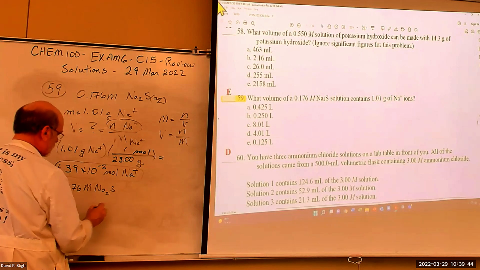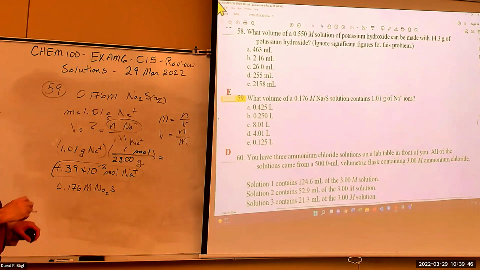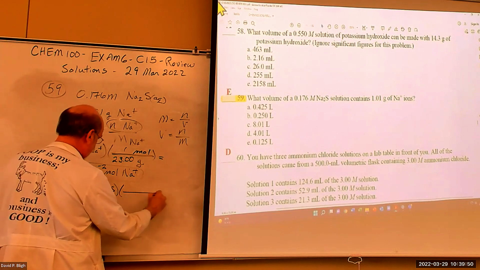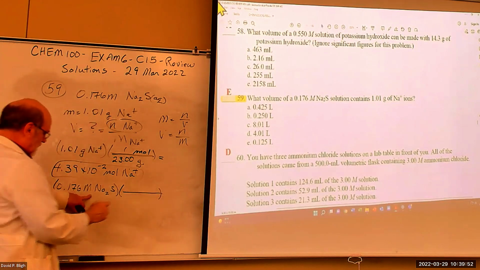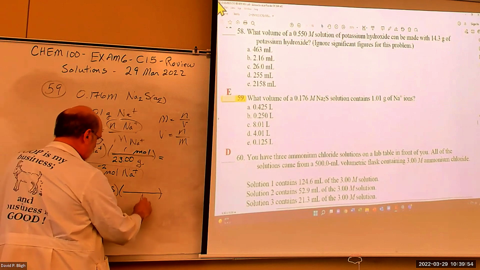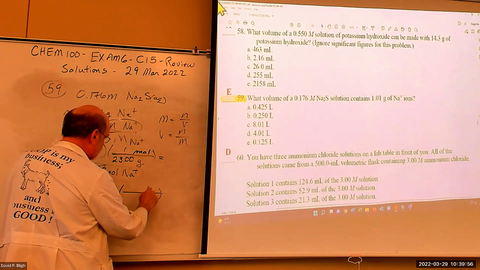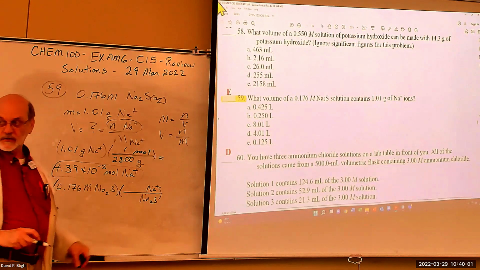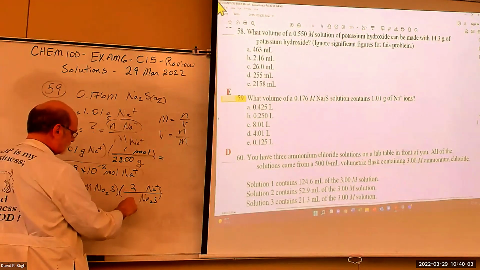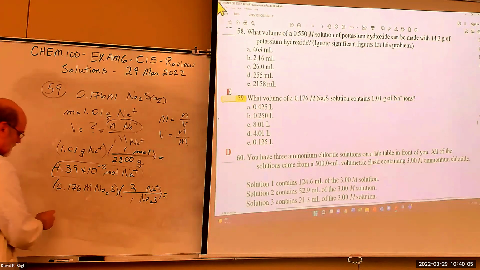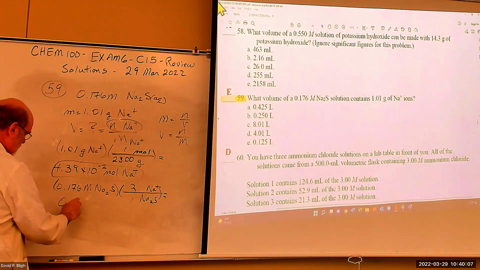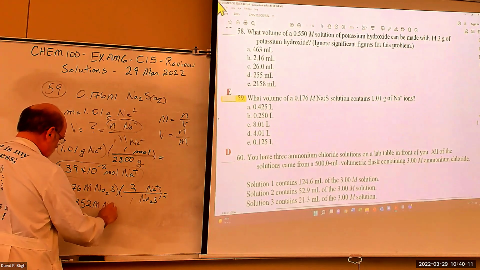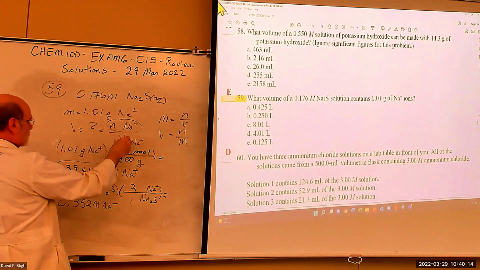I said sulfate, excuse me, sodium sulfide. Then what's the ratio of sodium sulfide to sodium? For every one of these, you get two of those, so it's actually twice that: 0.352 molar sodium.